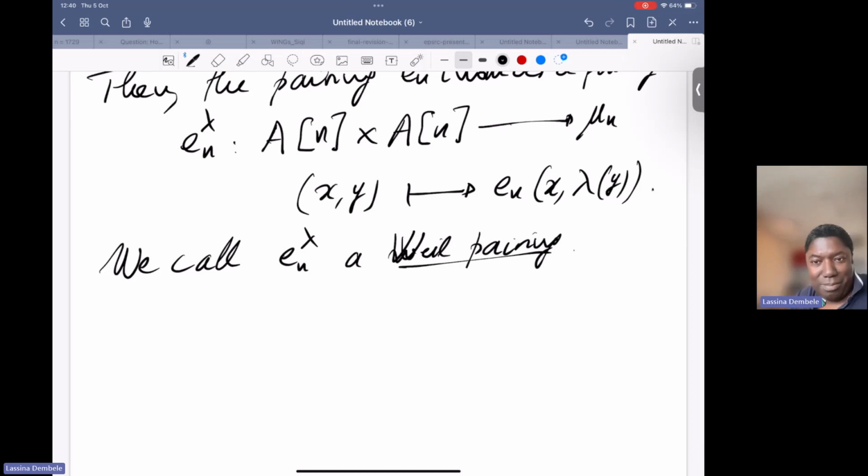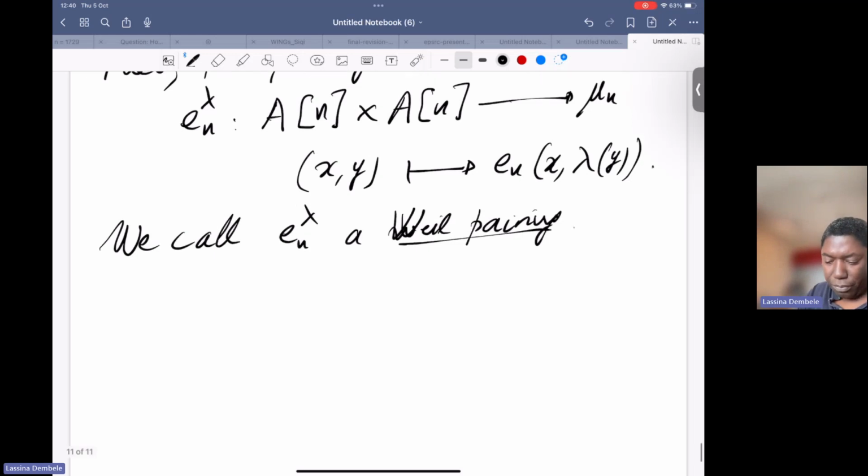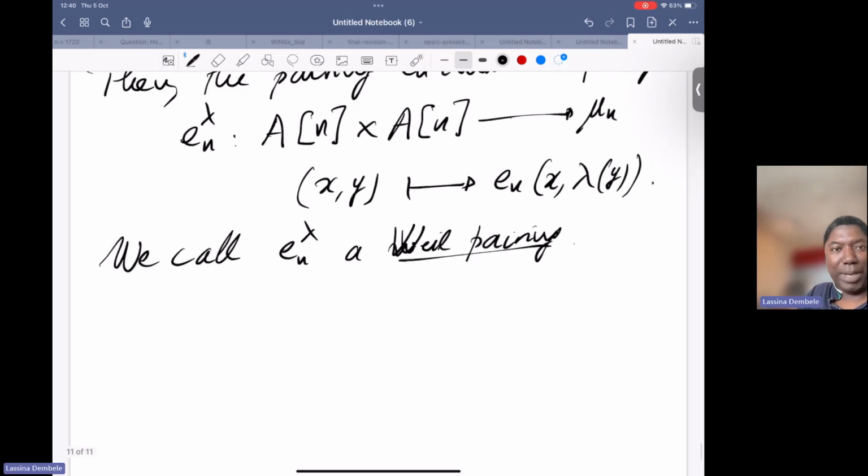e_n is also called a Weil pairing, by the way. And for this pairing, it does make sense to talk about being an alternating pairing, because now I'm pairing A[n] with A[n] itself. So in this case, you get a pairing which is what we call alternating.